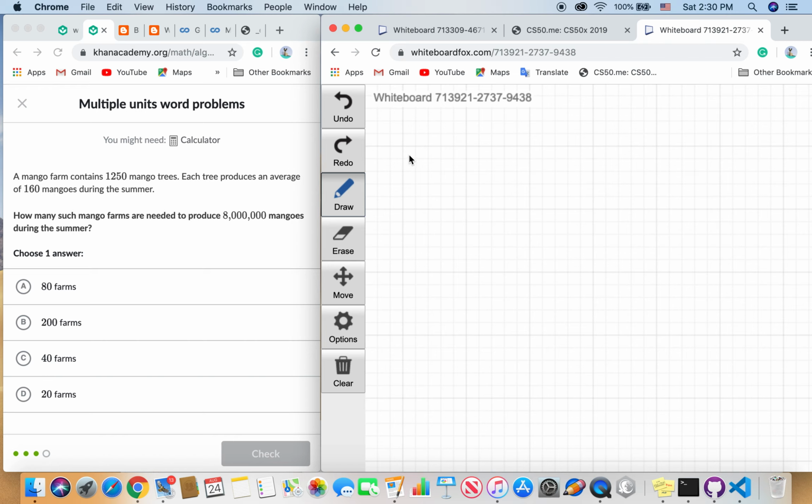So, let's see. Same strategy. Let's find each first. What will each farm produce in summer? Quite simple, right?